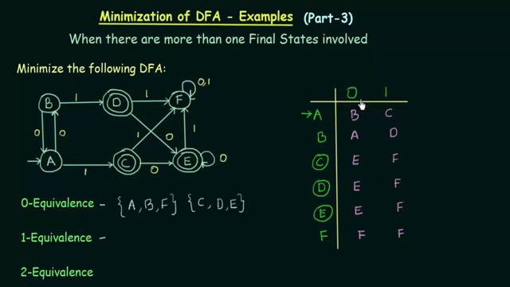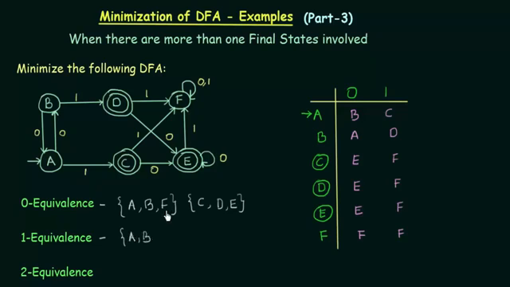A and B, on getting input 0, go to B and A, and B and A fall in the same set, so it is fine. And on getting input 1, they go to C and D. C and D also fall in the same set. So we can say that A and B are one equivalent to each other. So in the row of one equivalence, I can put A and B together.